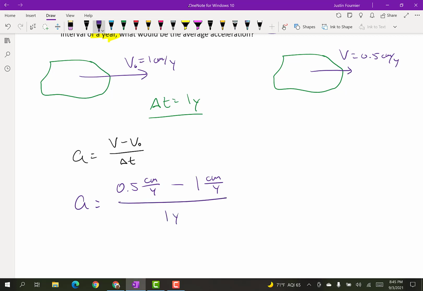And essentially this boils down to negative 9.5 centimeters per year squared. So the units work out that way, which is an acceleration. It's measured in terms of distance divided by time squared, right? So it's the same idea as meters per second squared. It's just a different kind of unit.